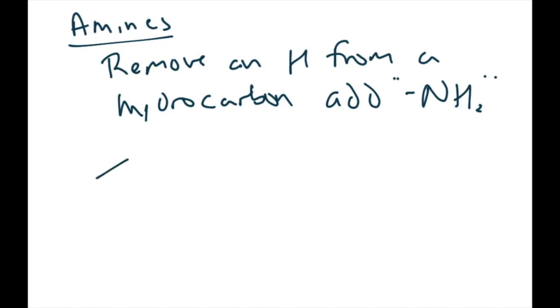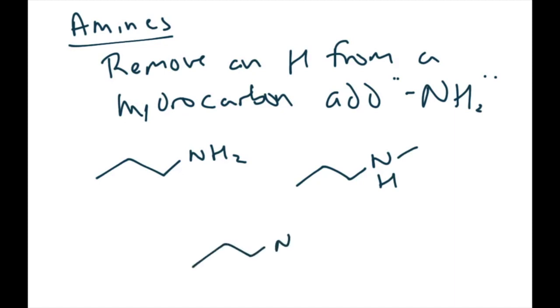It can change. So if you have an NH2 here, this can be an amine. You can start removing hydrogens from the nitrogen and adding carbons, and they still count as amines. So this is an amine where one of those hydrogens becomes a carbon, and this, like that, is an amine. Each of them is an amine.